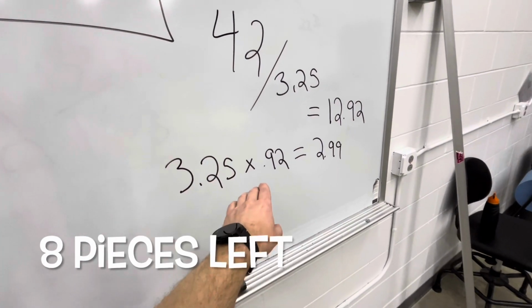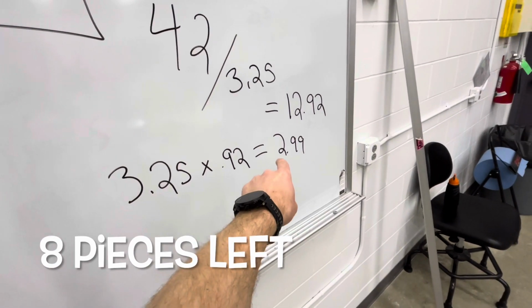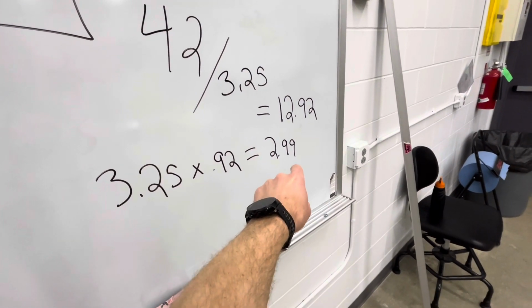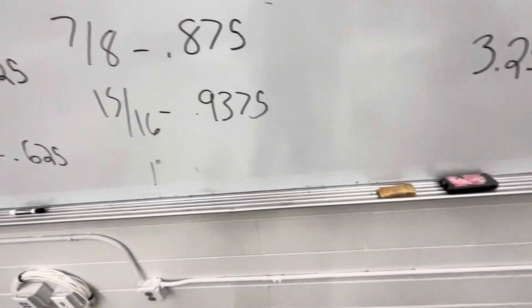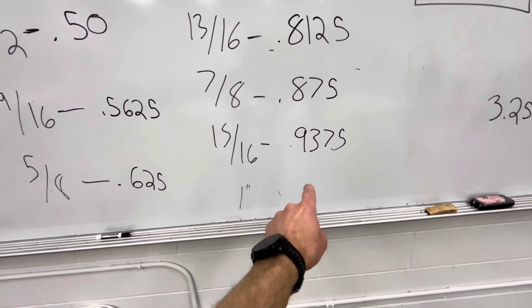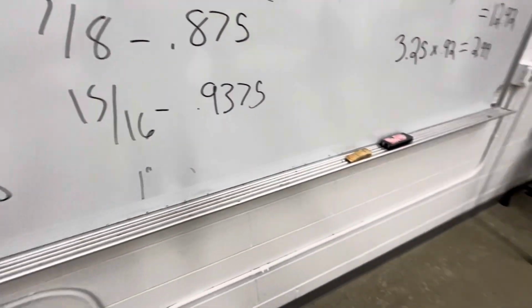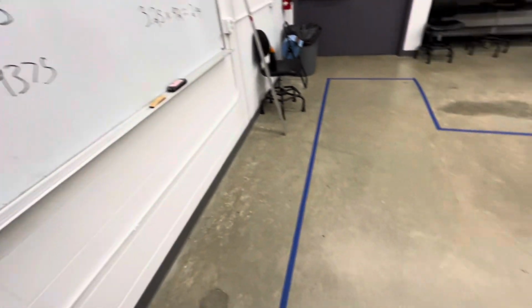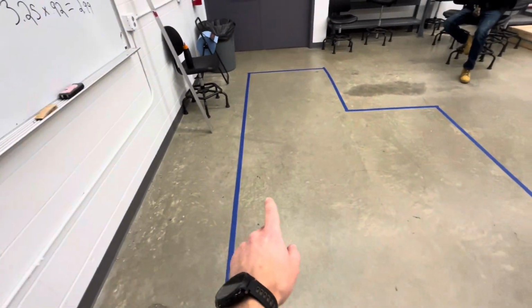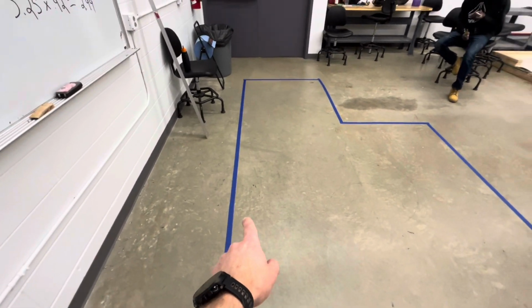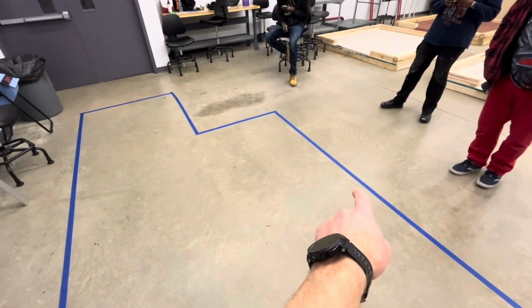So we still got more than half a board. Comes out to equal 2.99 boards. Well, do we got anything that equals 0.99 here? So we're taking 15/16, we're rounding that up to 1. And we're going to have roughly a full board here and a full board here.